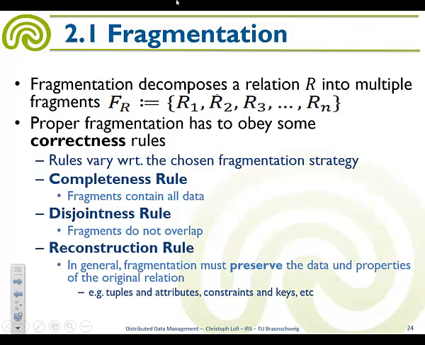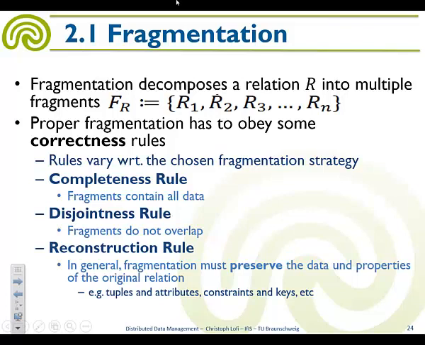What are the rules which we need here? Now, for one, they are all very obvious. Completeness rule. It means if you somehow puzzle together the fragments, you shouldn't lose data. So basically, all these fragments should contain all data, and you should be able to reconstruct your original relation after composing it.